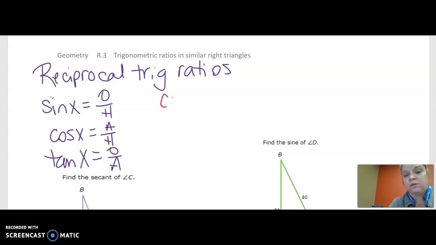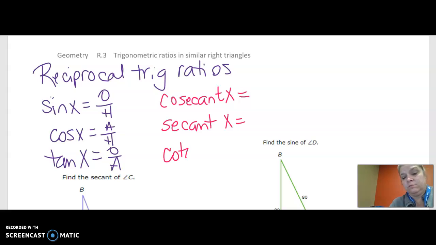They're going to be called cosecant X, secant X, and cotangent X. There's supposed to be a space. I'm just running out of room.